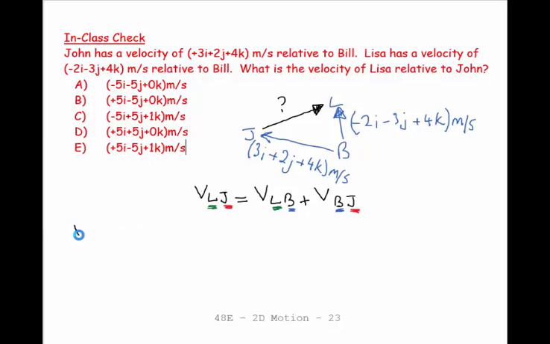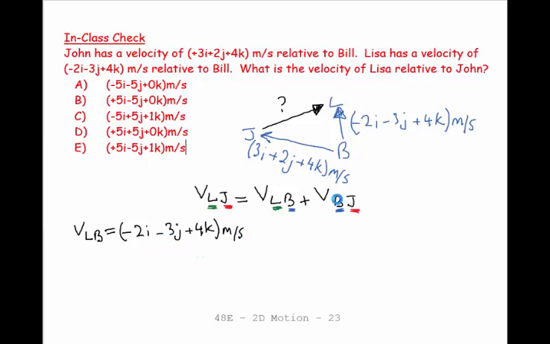So I know this velocity, and I was given this. It's -2i - 3j + 4k meters per second.